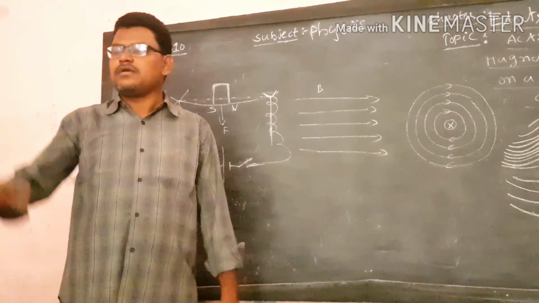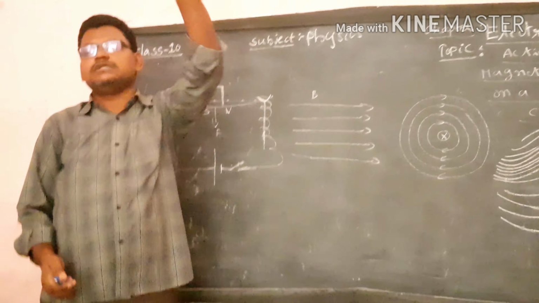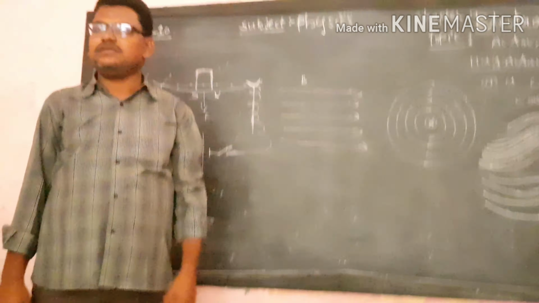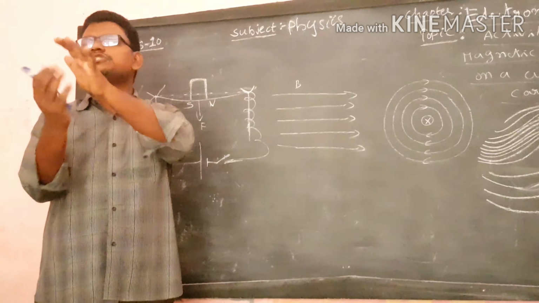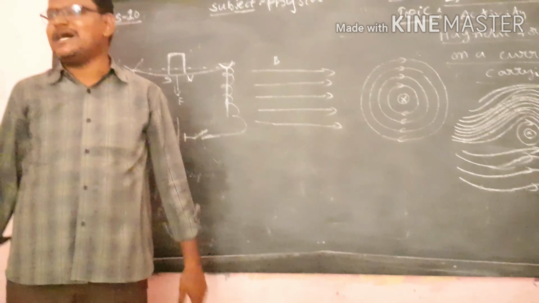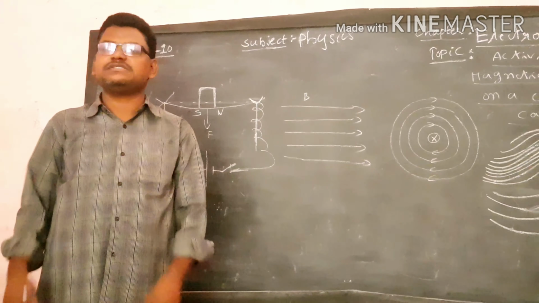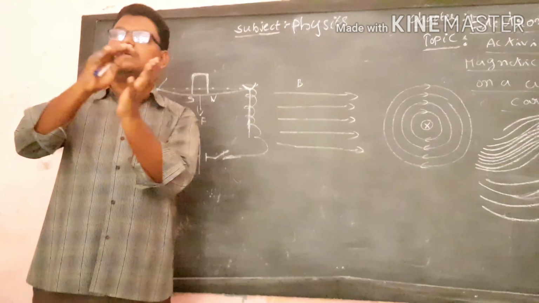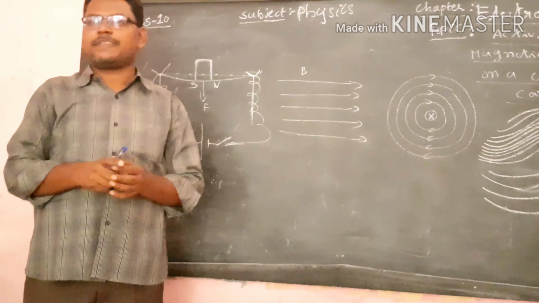on a current carrying wire, the current carrying wire also produces a magnetic field, and here there is an external magnetic field. So these two magnetic fields overlap and become non-uniform. That means in a certain region the strength of the magnetic field is high, and in a certain region the strength of the magnetic field is less.